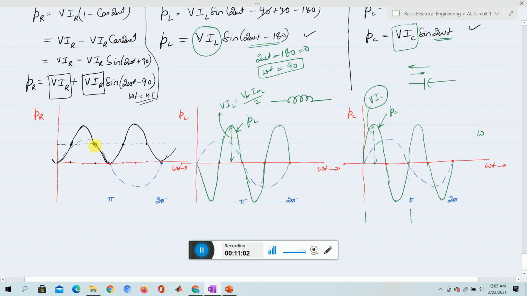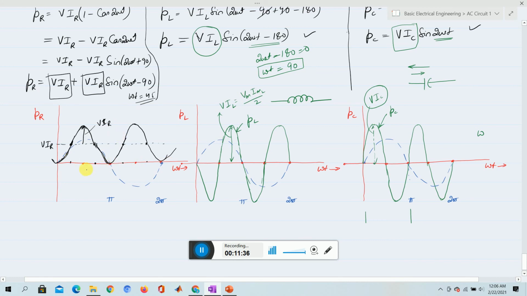We intentionally keep this height small, because we are trying to make the sine waveform from this line. So let this height be VIR, and we give a biasing to it, imagining that this height is also VIR. Now we have got this waveform, and whatever the value of omega t, this will always be a positive value.